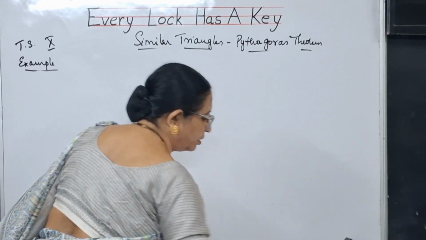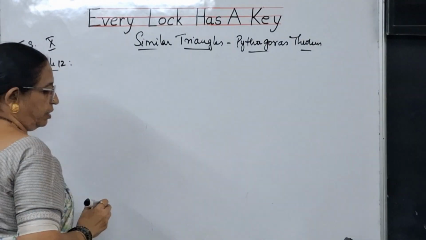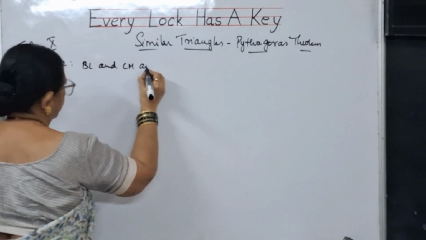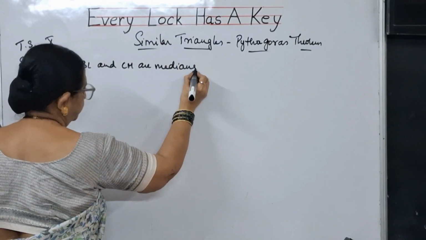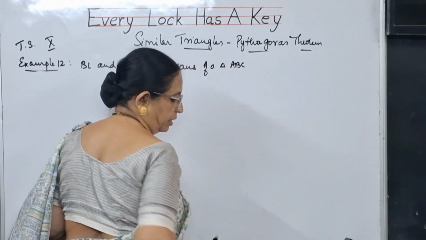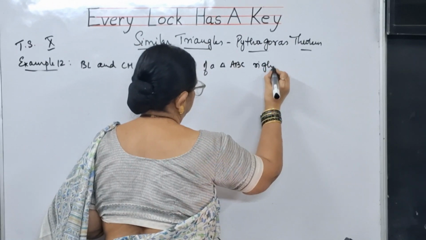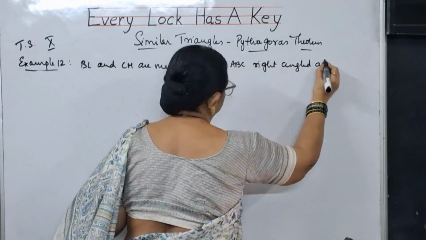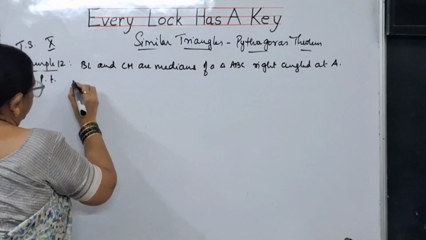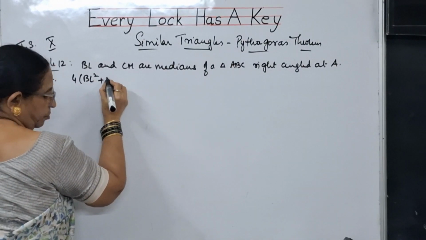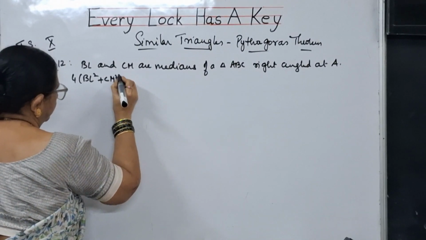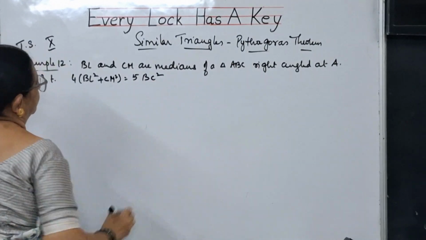This example 12 is important, children. BL and CM are medians of a triangle ABC, right angled at A. Prove that 4 times of BL square plus CM square is equal to 5 times of BC square.